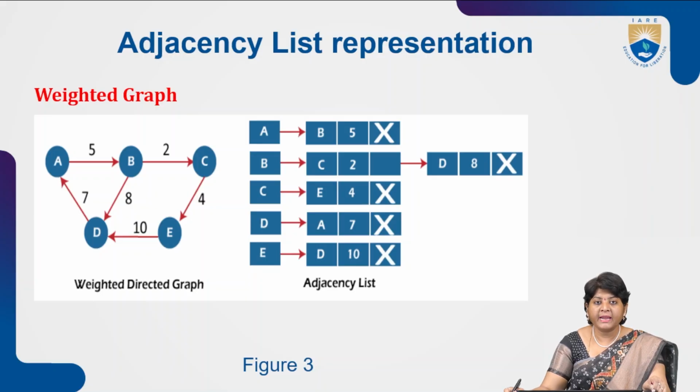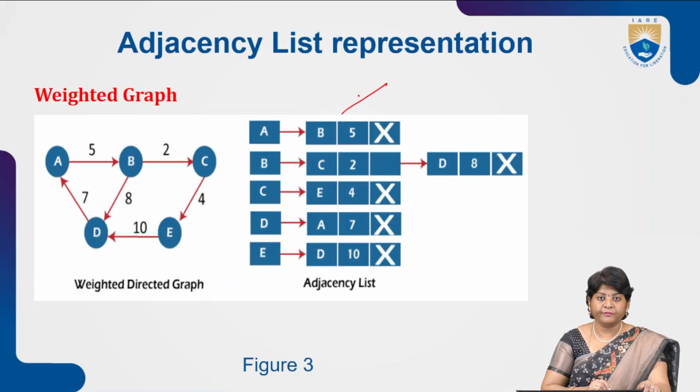If not, we will mark it as 0 or infinity. Here in an adjacency list, when the weights are given, then the weights are allotted to that particular vertex. And this is the representation of that directed graph with weights.